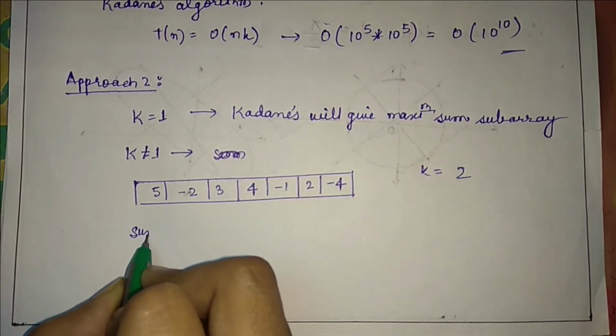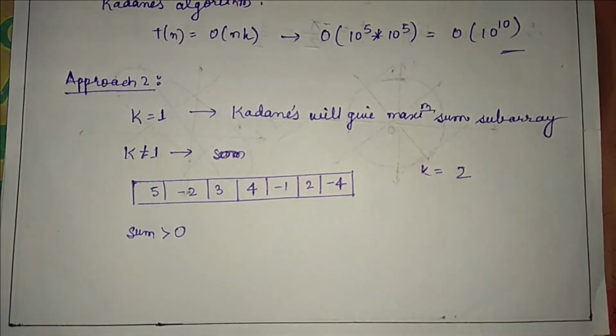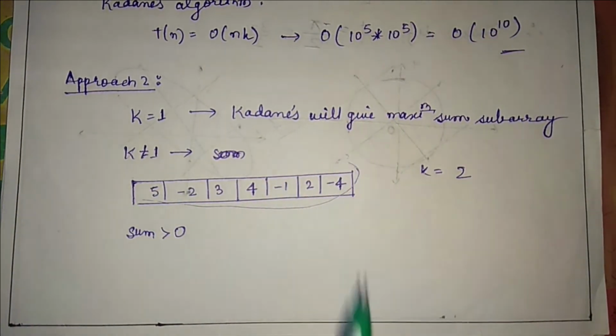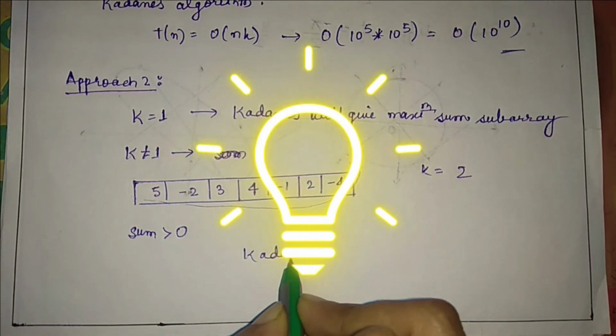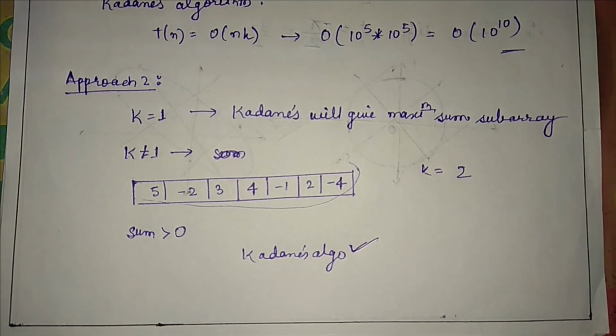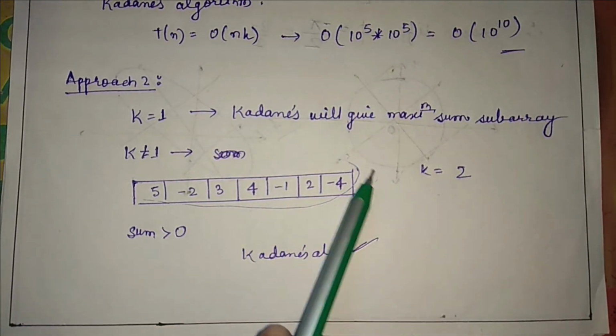Suppose the overall sum of this array is greater than 0. So you can suppose the sum of this whole array is greater than 0. So the possibility of getting the maximum sum subarray, one will be Kadane's algorithm, right? This can be the maximum sum possible, like after repeating I am not getting a larger sum, so this array will be giving the maximum sum.